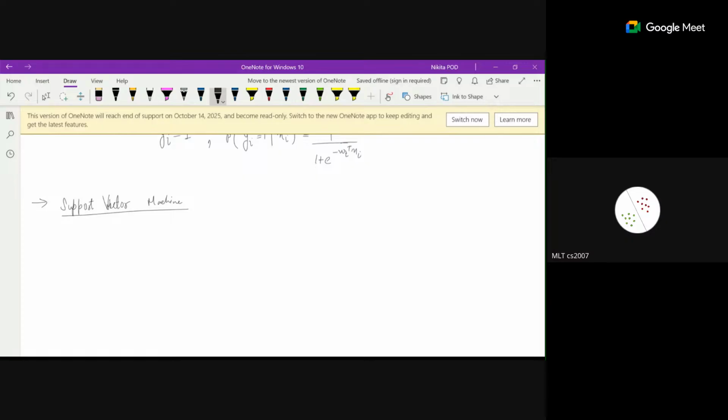In Perceptron, we had seen that if the data set is linearly separable, the perceptron algorithm converges, and there is a bound on the number of mistakes it can make.